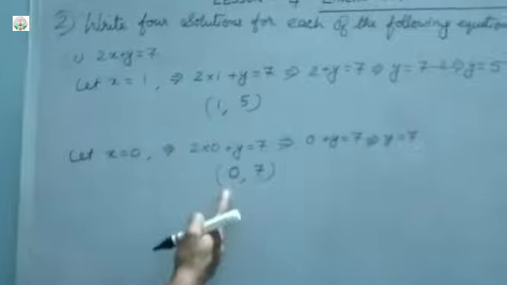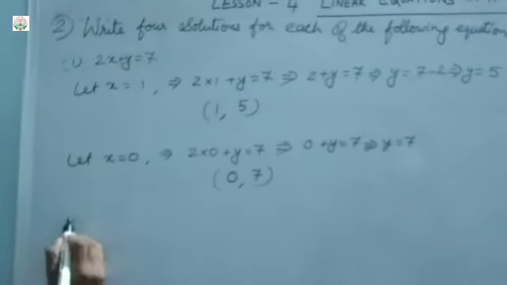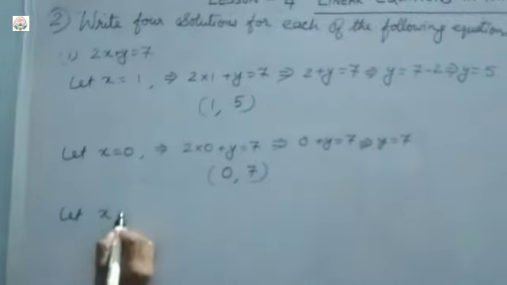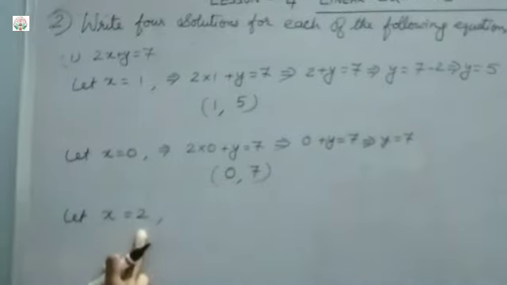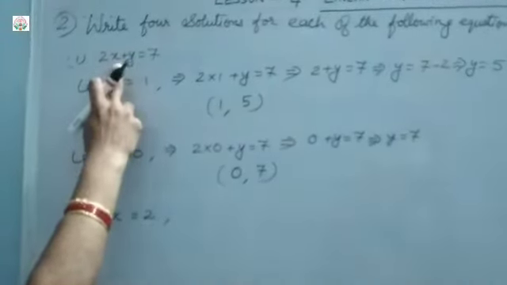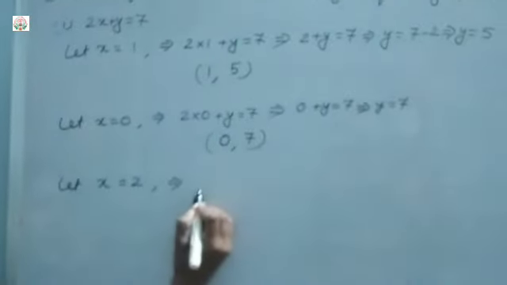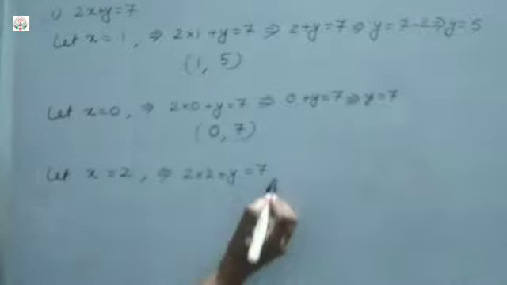Okay. Now 2 solutions we got. How many are we supposed to find? 4. So for the next one, let x equal 2, suppose I am taking. If x value is 2, we will put the value of x in this particular linear equation. Now see, that is 2 into 2 plus y equals 7.